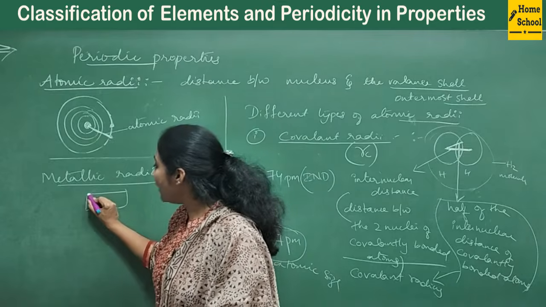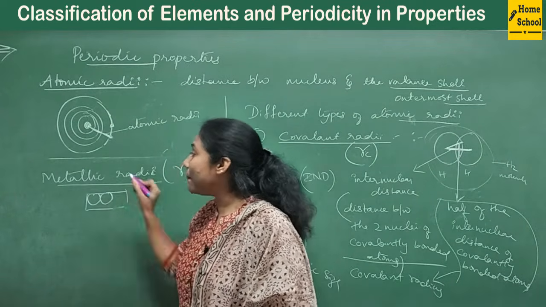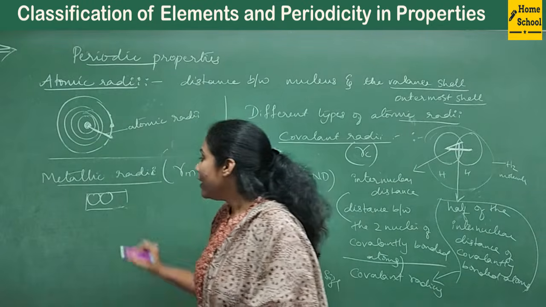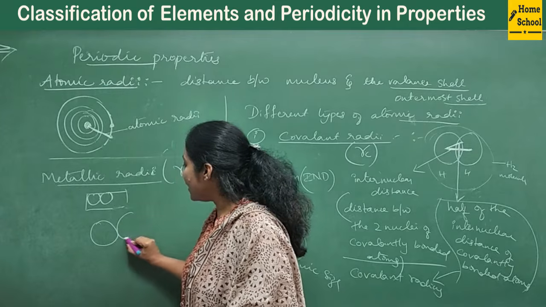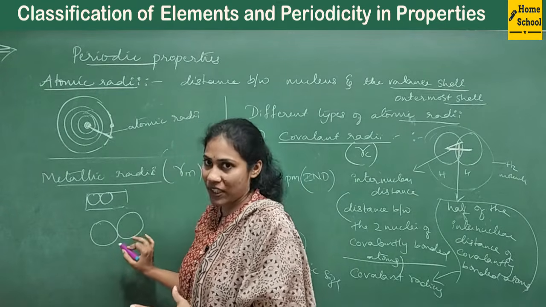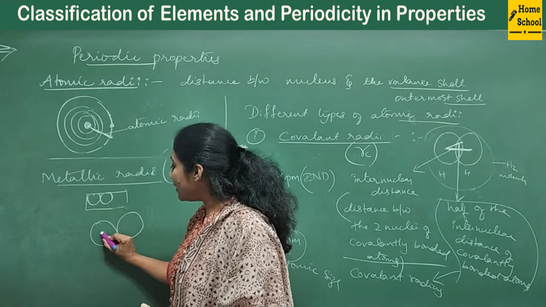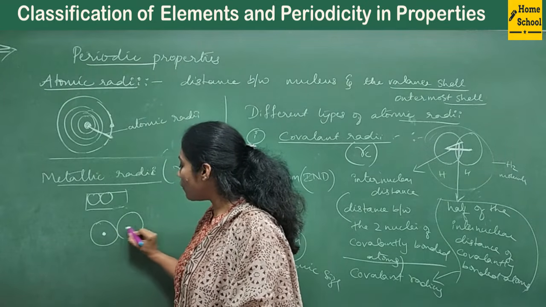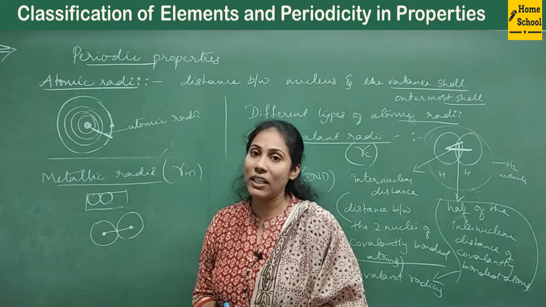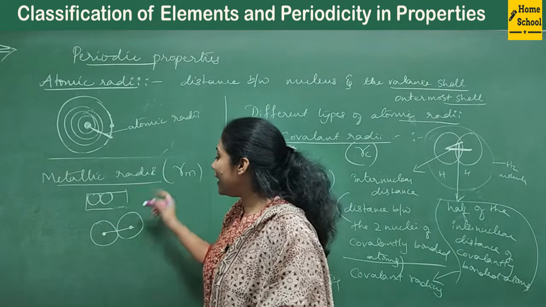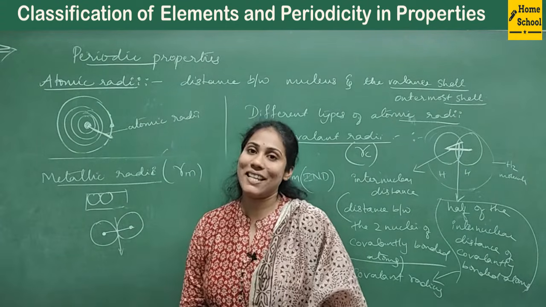Between one atom and another atom, there is an attraction called metallic bond. This is one atom, this is another atom, they just touch each other. The attraction between them is metallic bond, and the distance between the nucleus of this atom and that atom, as usual, we call internuclear distance. So metallic radii is nothing but half of that internuclear distance.